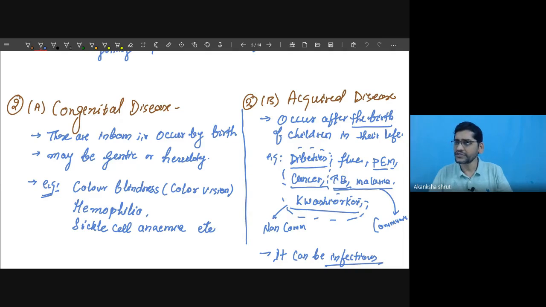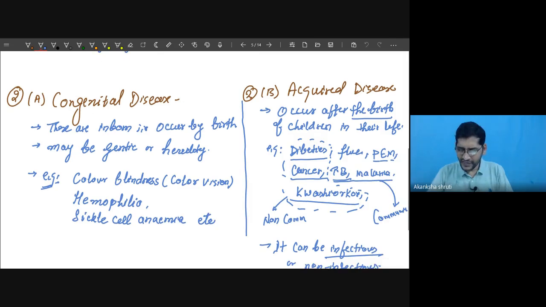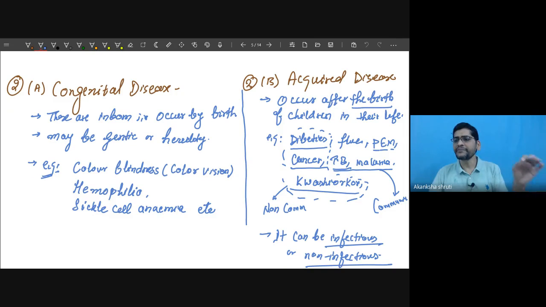Acquired means not inherited or not by birth, but occurring due to poor health, infection from another person, or because of the environment. So acquired disease may be infectious or communicable, or may be due to a certain disorder developed in the body because of poor nutrition.